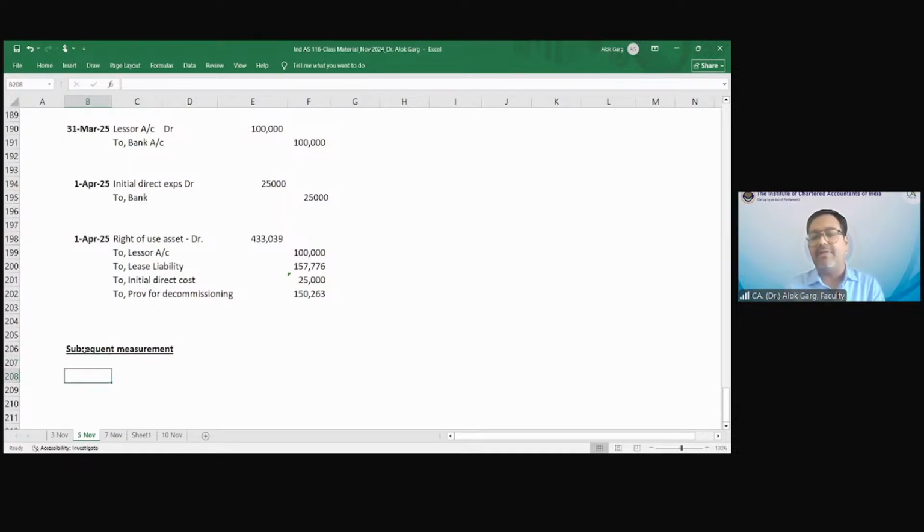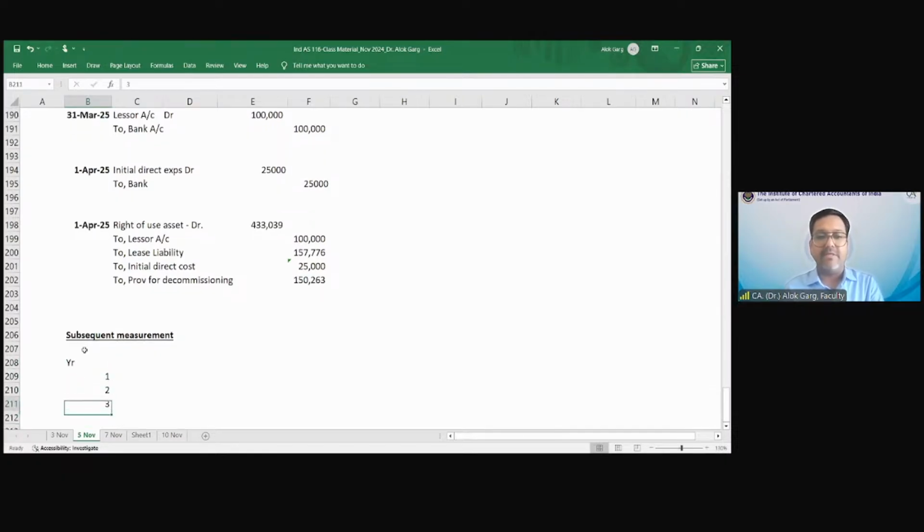So on every 31st March there is an accounting entry, year 1, 2, 3. What is the depreciation on the right of use asset? Depreciation on net block is 433,039 divided by 3.